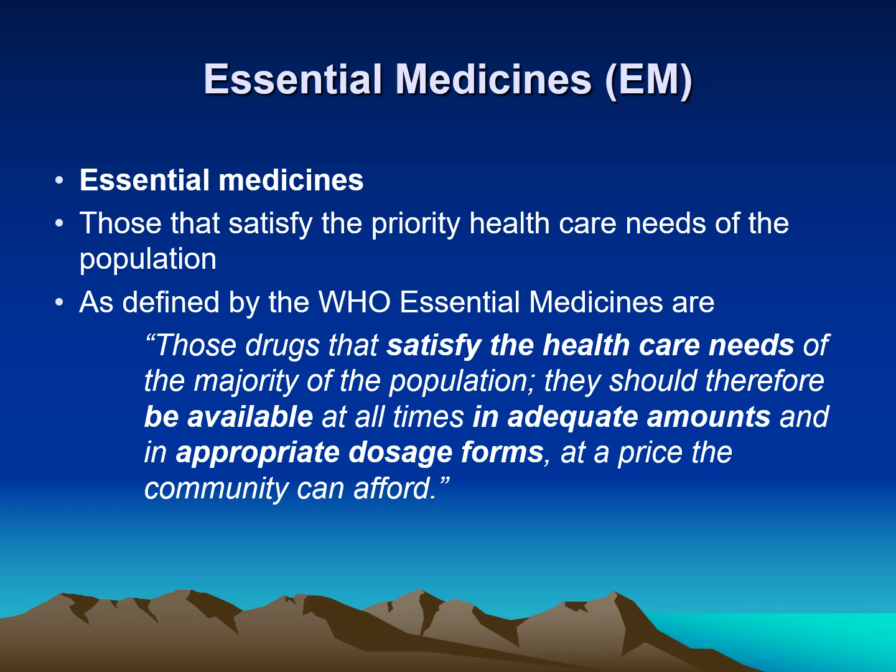They should therefore be available at all times in adequate amounts and in appropriate dosage forms at a price a community can afford. Therefore, the essential features are, one, priority health care, second, availability, third, adequate dosage forms and number, and finally, cost effectiveness.